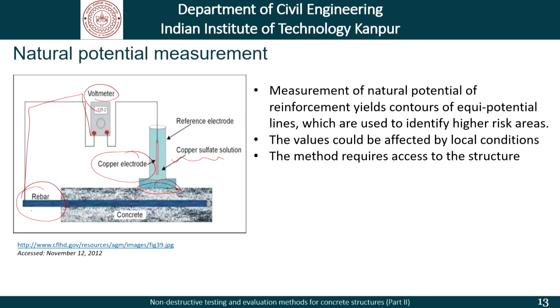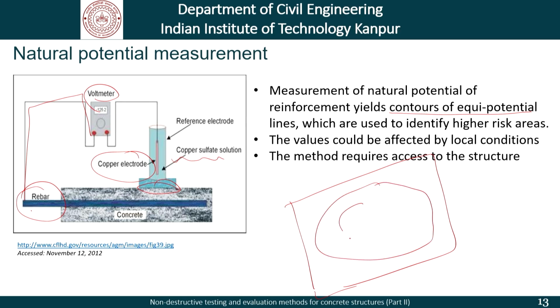Now, measurement of natural potentials of reinforcement yields contours of equipotential lines. So basically, if we have a large concrete surface, we will get contour lines like this, let's say minus 250 millivolts, minus 400 millivolts, minus 500 millivolts with respect to copper sulfate electrode.